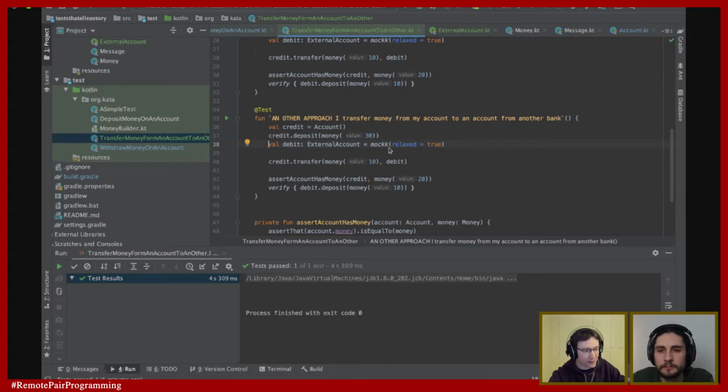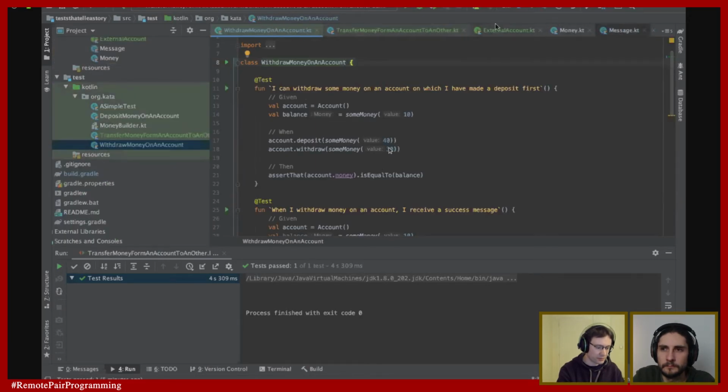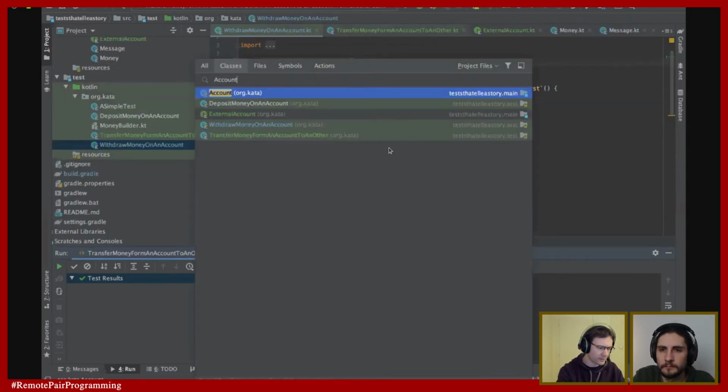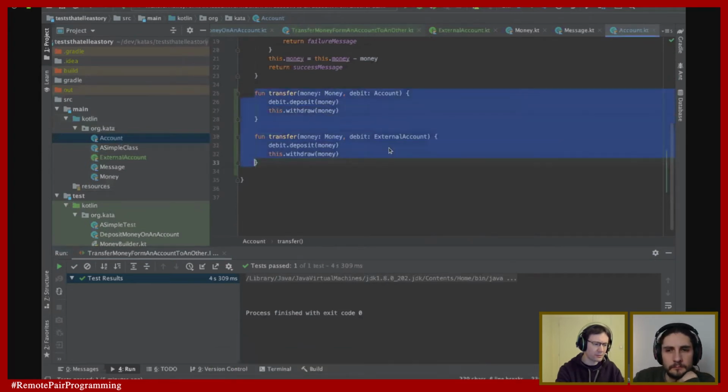Okay. I was wondering about something, maybe a bit similar to what you're saying. In our code we have the account class, and we have two different transfer methods.